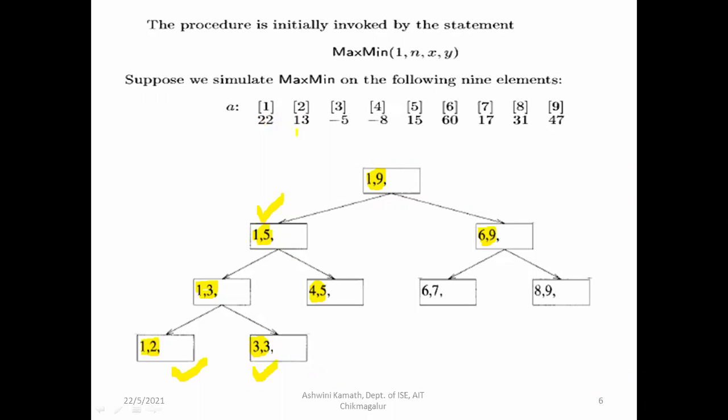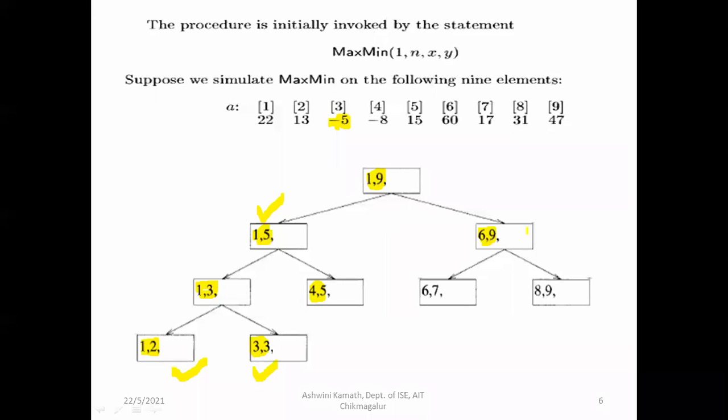Maximum value will be 22 and minimum value will be 13. In the case of 3, 3, we have minus 5. So maximum is also minus 5 and minimum is also minus 5.